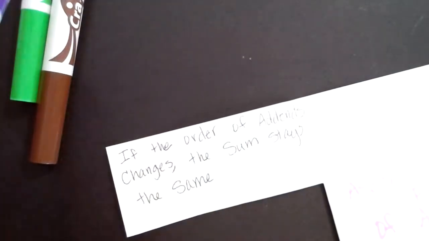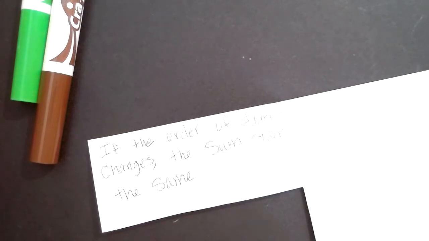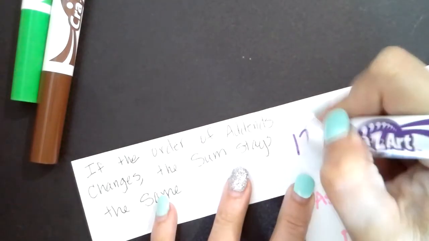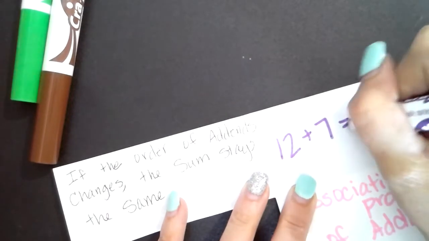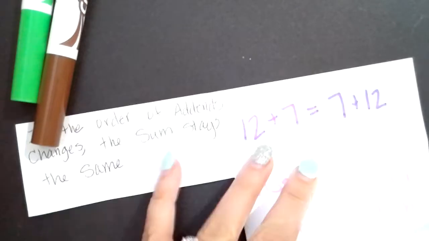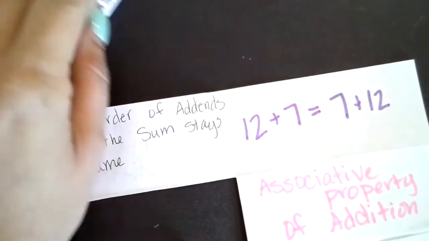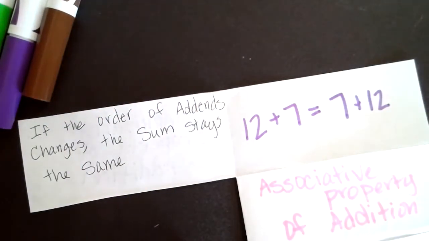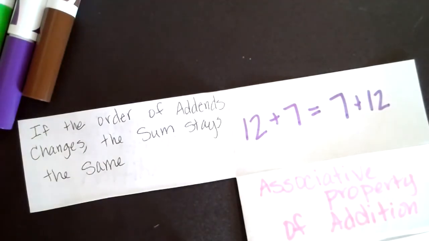Okay, and an example, I did that in purple. An example of that would be 12 plus 7 is equal to 7 plus 12. Changing which one I'm adding first doesn't change the answer. That is commutative property. So the numbers move, but the answer's still the same.